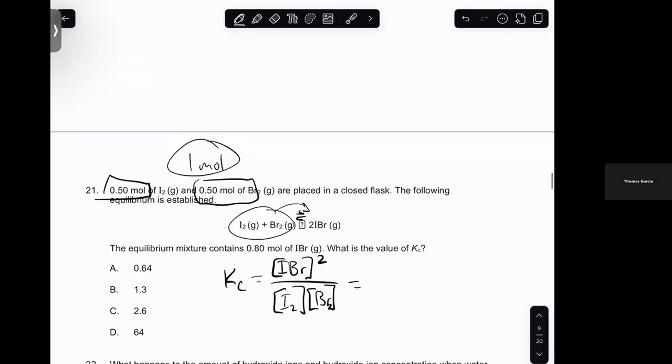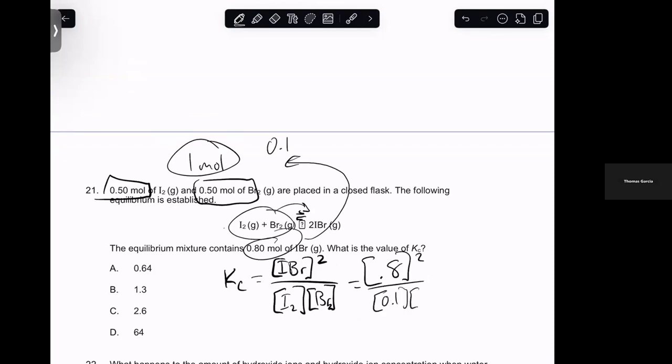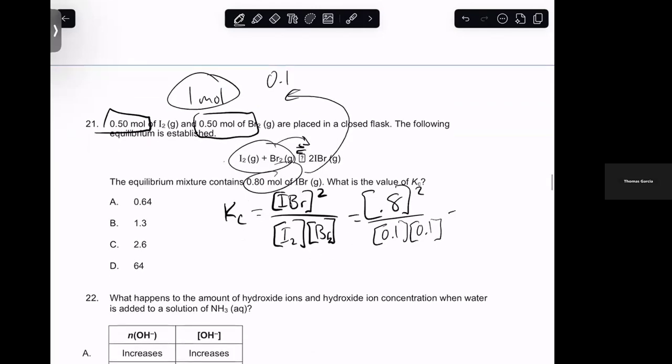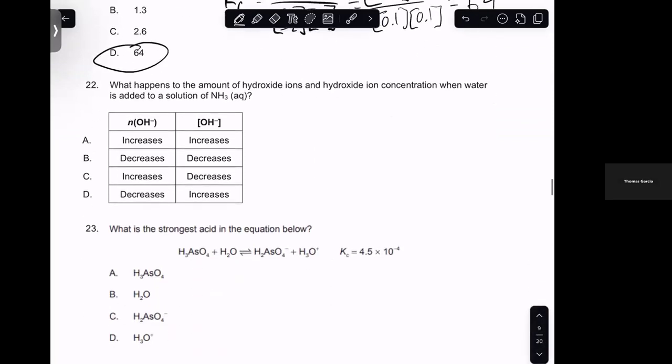Now we end up with, oh, sorry, 0.8 mole of IBr, which means we should have 0.1 mole left of each. And so it becomes 0.8 squared divided by 0.1, 0.1, and therefore our equation must be 0.8 squared over 0.1, 0.1. That is equal to 64. That is our equilibrium Kc.